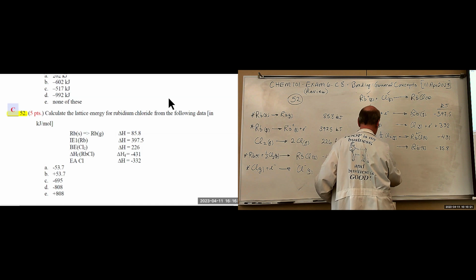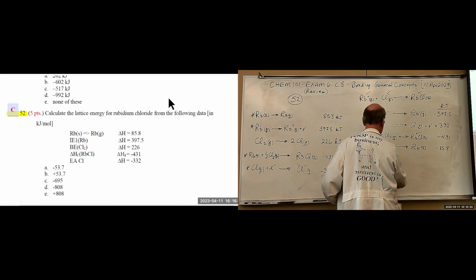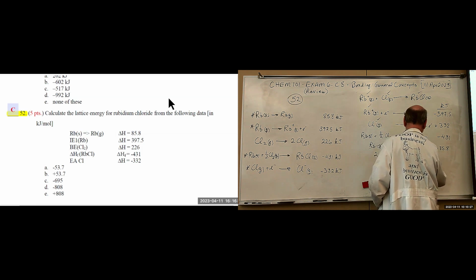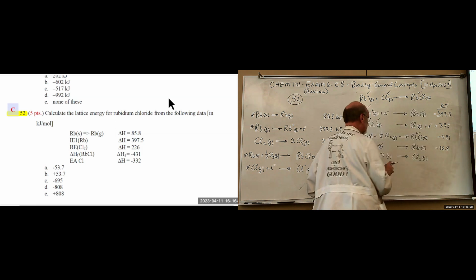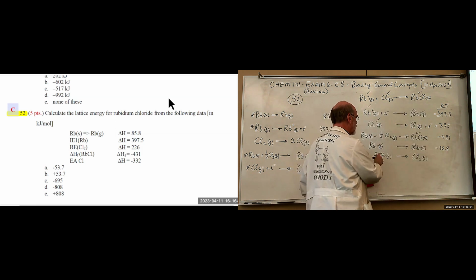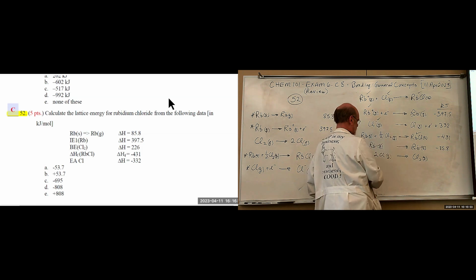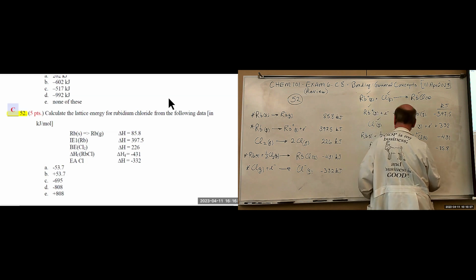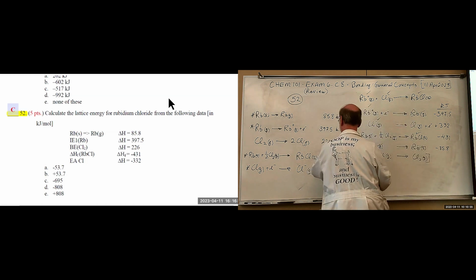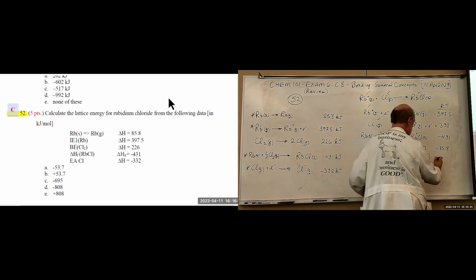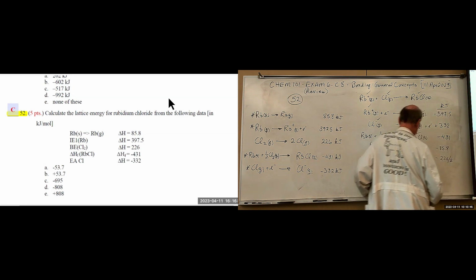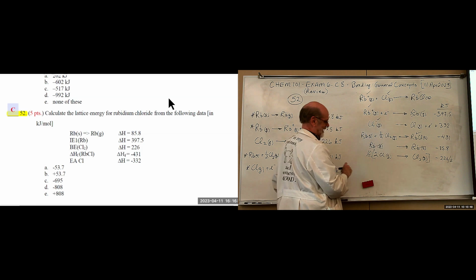So we have 2 chlorine gas yields Cl2 gas. But we only need half. Right? So we'll take a half of that. And we'll take a half of this value, which had to be reversed. 226 divided by 2. Okay.